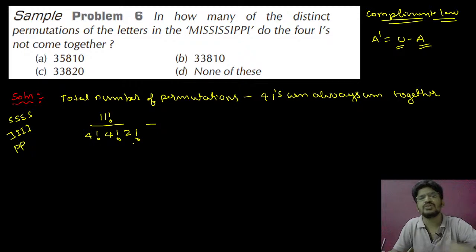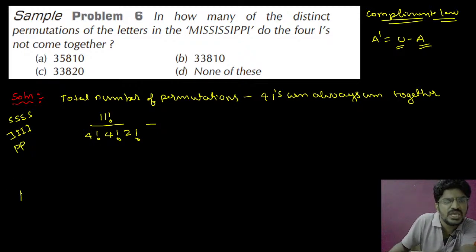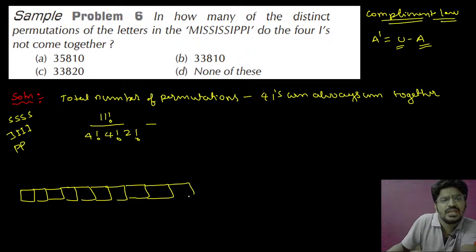In that, what do you have to calculate? 4 I's come together. Here you have 11 letters in Mississippi, so I will take 11 different boxes.